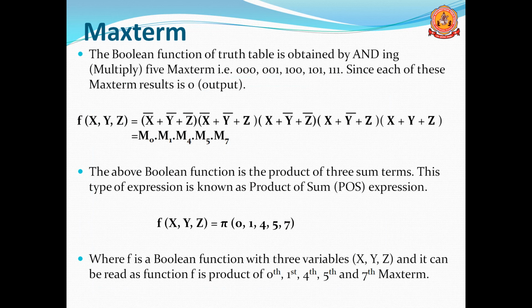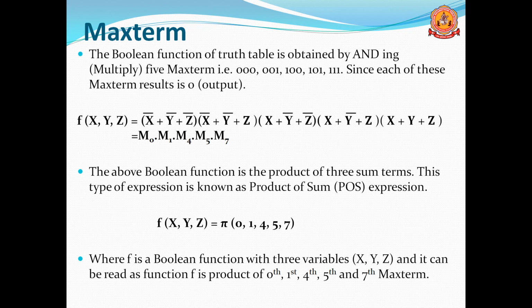Normally you can write f of x, y, z equal to pi. Here the product is of the different max terms, so pi of 0, 1, 4, 5 and 7. So normally it is f of x, y, z equal to pi of 0, 1, 4, 5, 7, where f is a Boolean function with 3 variables x, y, z.